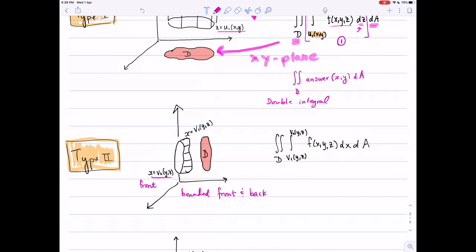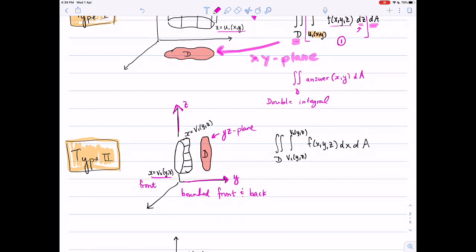If x is the dependent variable, then it is dependent on the z and y inputs. So you're going to see here this region D that we're going to talk about in a moment is in the yz plane.